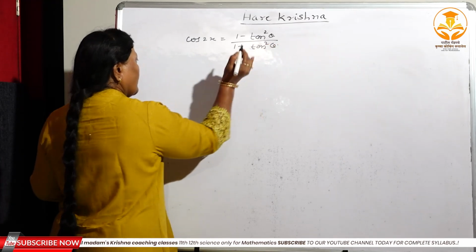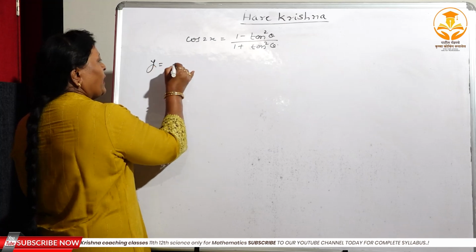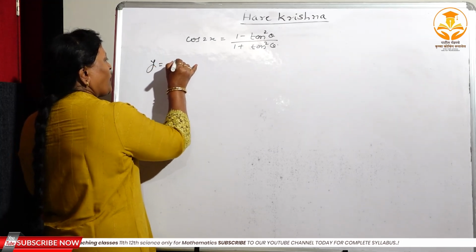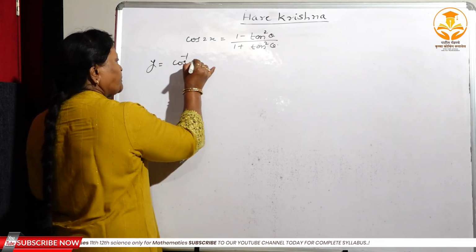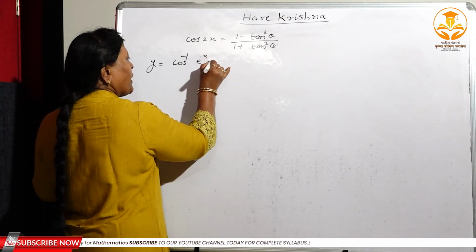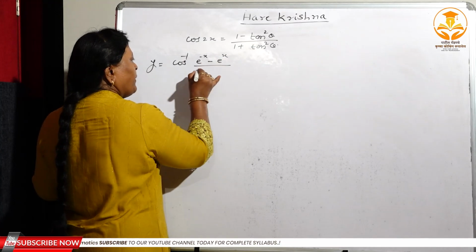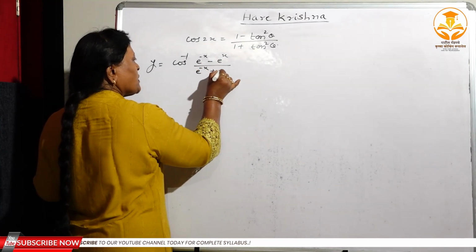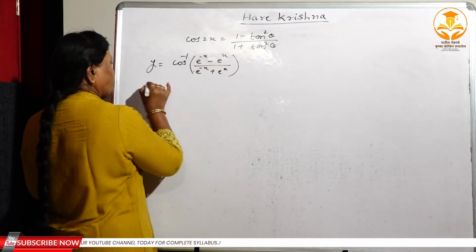See, a different type of problem I will take on this formula. First, cos inverse of (e raised to minus x minus e raised to x) divided by (e raised to minus x plus e raised to x).